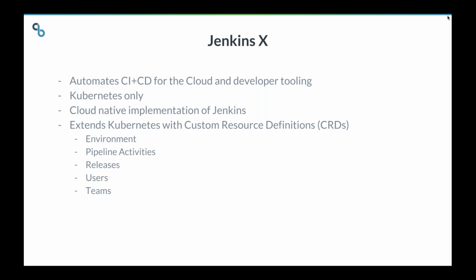We have a Kubernetes resource to describe a release, which contains metadata like what's the release version, what's the Git repository, what's the Git SHA, what issues were fixed in a particular release, what commits were made, who did what commit, where's the build log that did the release, and so on and so forth. So Jenkins X adds a whole bunch of custom resources to extend Kubernetes. So that's Jenkins X's main goal, automate CI and CD for Kubernetes and try and make Jenkins ever more cloud native. Next slide.